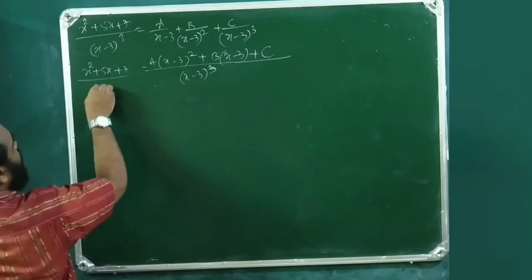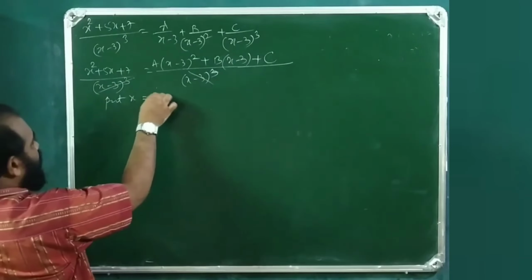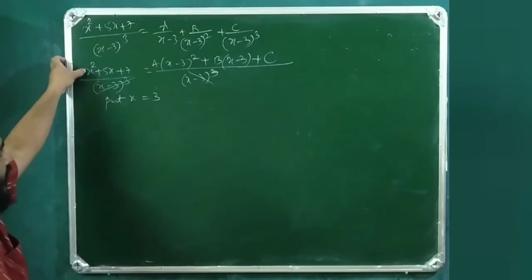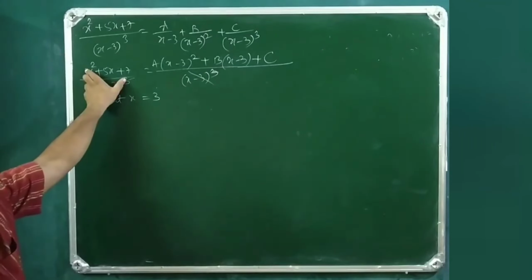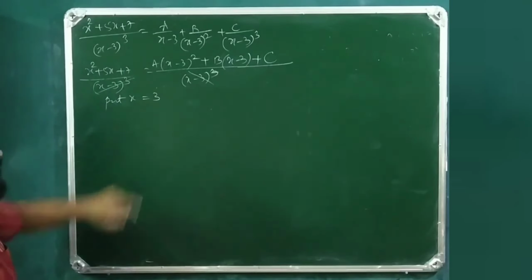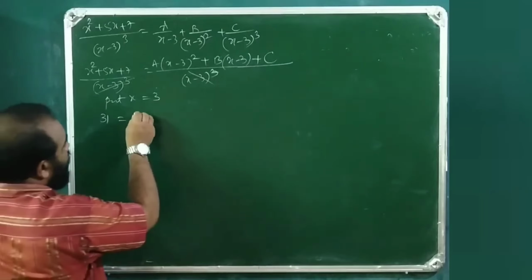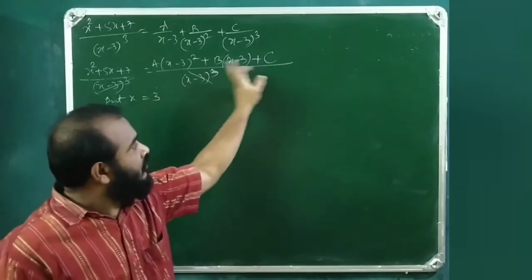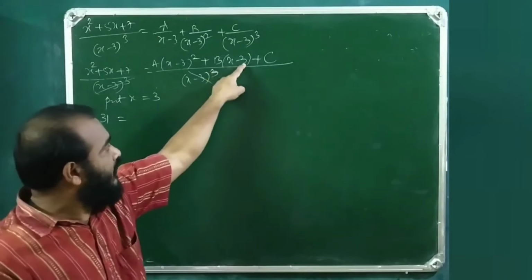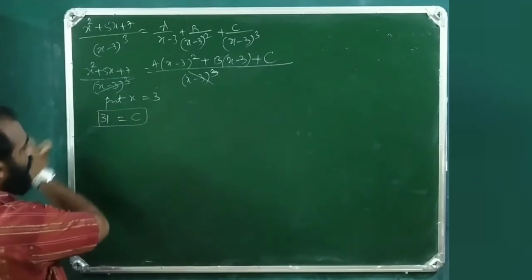Now put x equal to 3: 3 square is 9, 9 plus 7 is 16, 5 3s are 15, 16 plus 15 is 31. The a and b terms get cancelled because 3 minus 3 is 0. So c is equal to 31 directly.